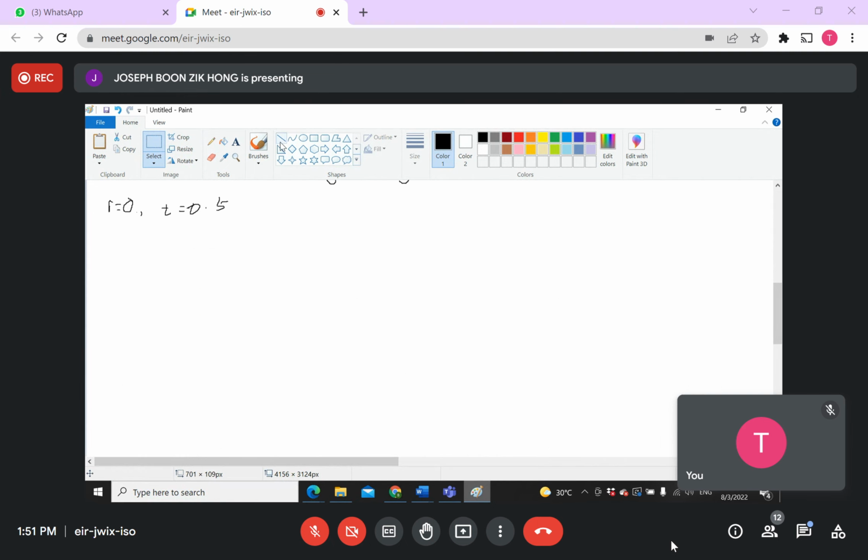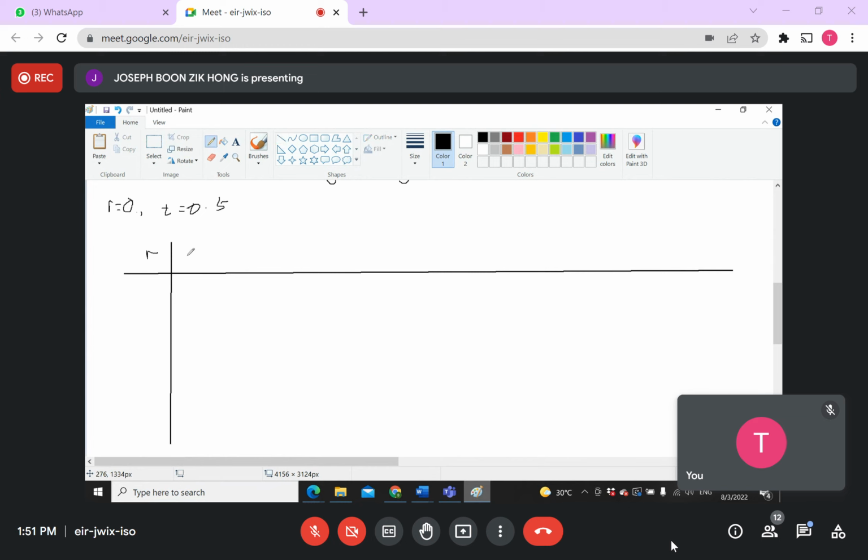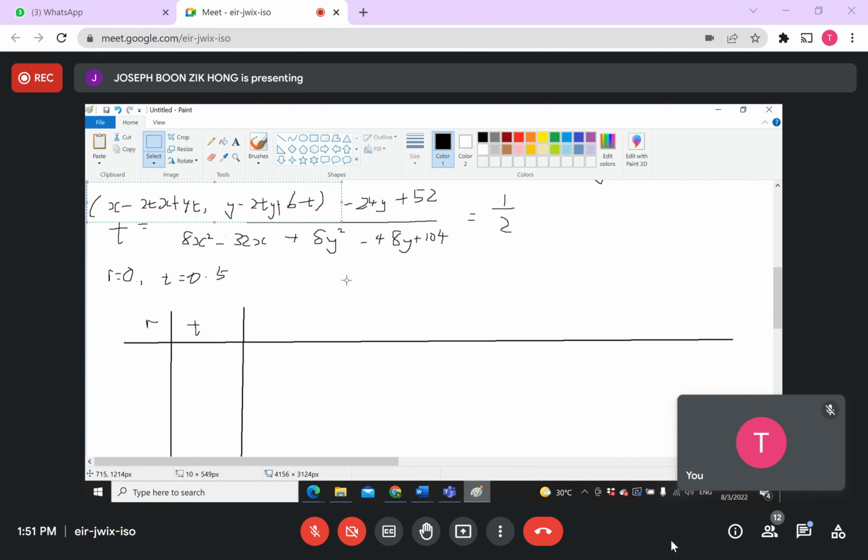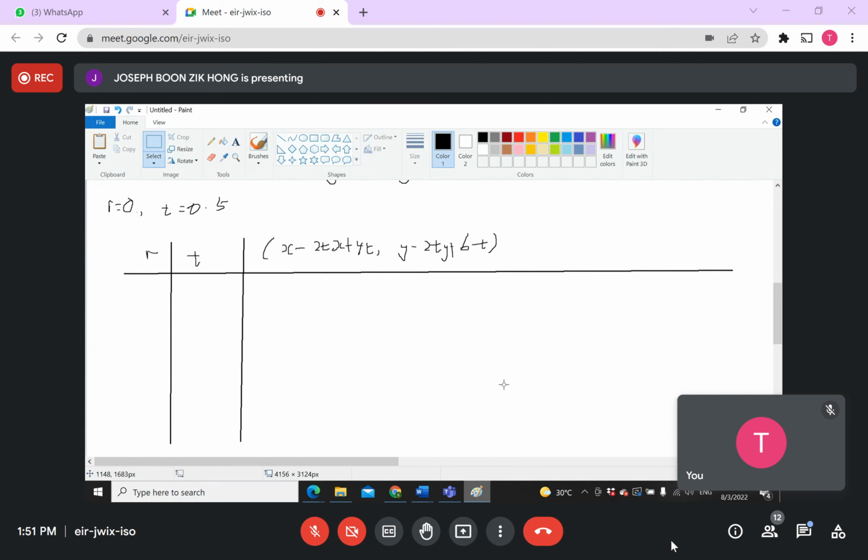I can direct use a table, easier for me. This is your r, this is your t, and your xy. So when your r is 0, your t is 0.5.